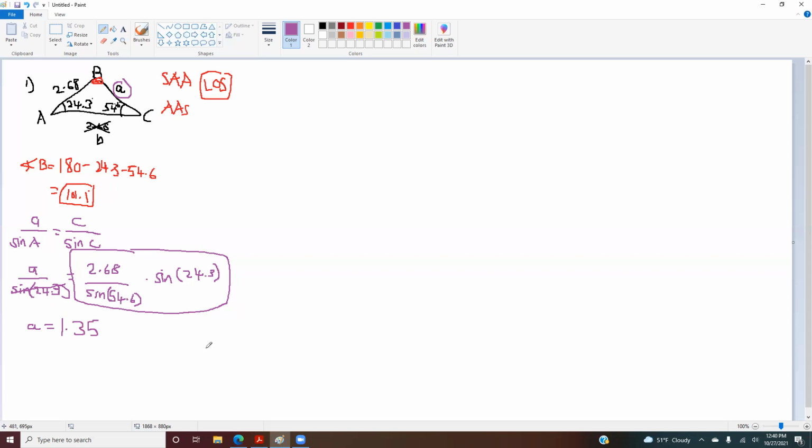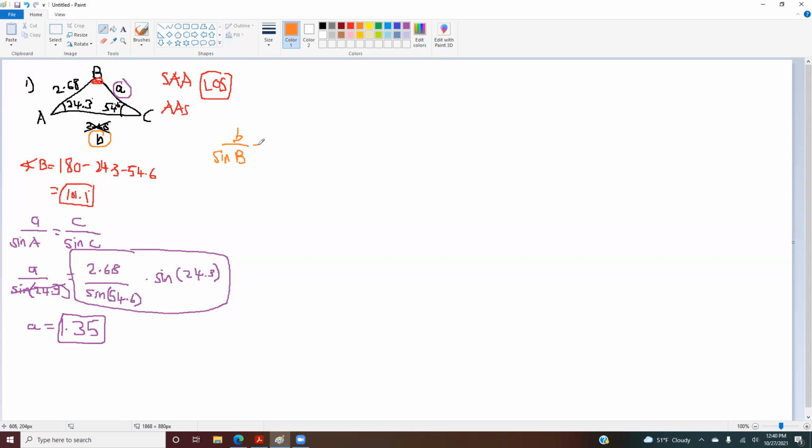Yep, 1.35 is correct. Now we need to find B because that's what is missing. So in order for us to find B, you just use back the same formula here, but change your A to become B. So it will be B over sine B.